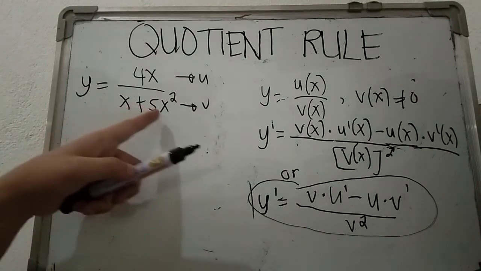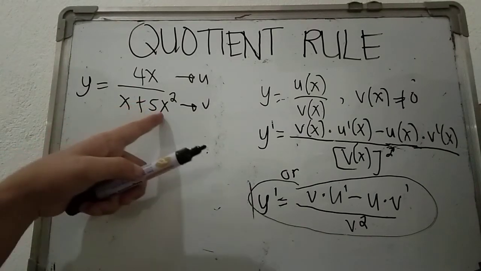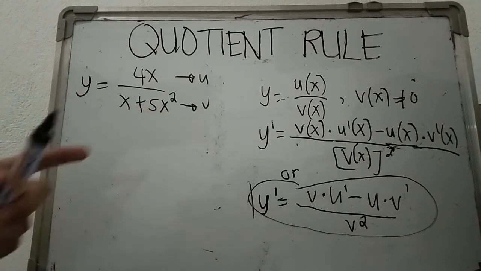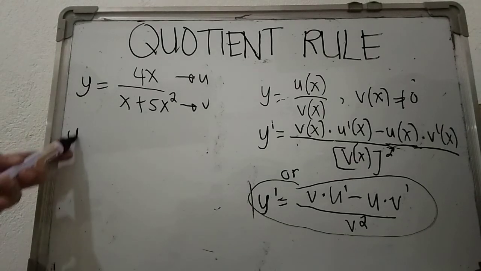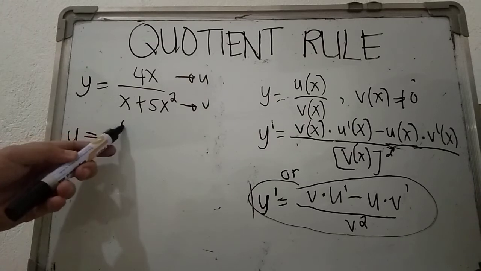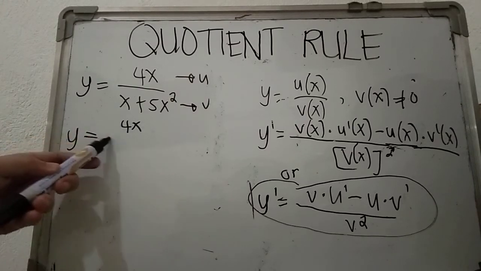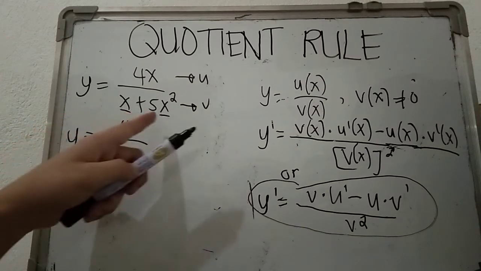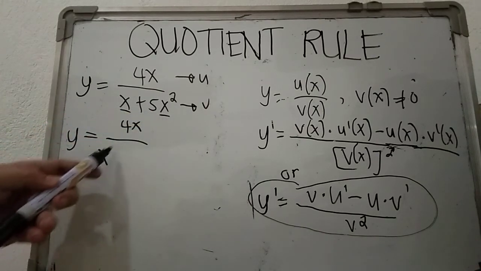So on the denominator part, there is actually a common factor, which is the x variable, so we can factor that out first. Copy y because we are not yet finding the derivative. So this is now equal to 4x over x, and x is common to the two terms, so we can take that out.